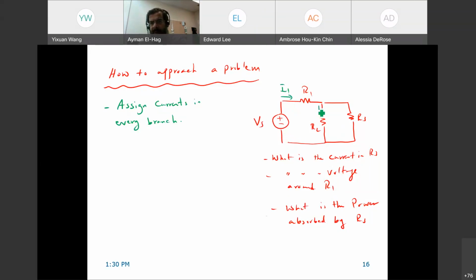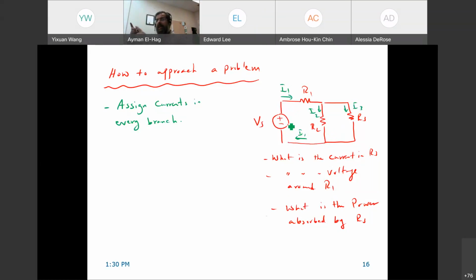Here we'll call this I2. Here we'll call this I3. Now this is the same as this. These two are two branches, but they are connected in what we call series. I will talk about this next week. But you can easily see that the current here is also I1. So all of this is the same current.